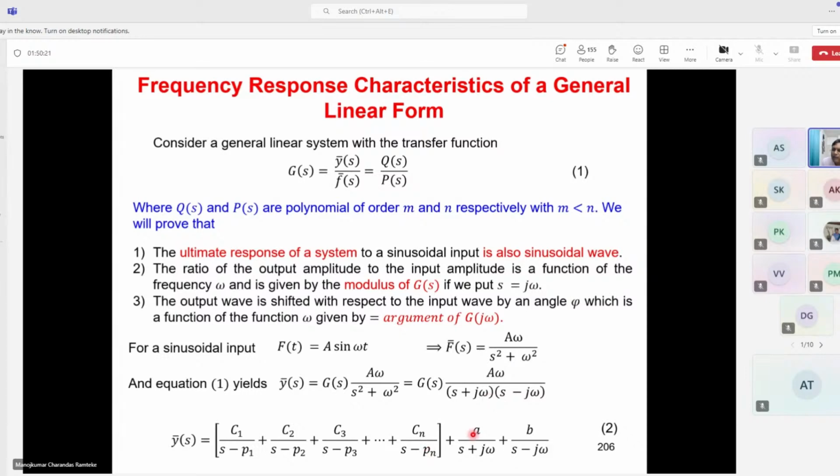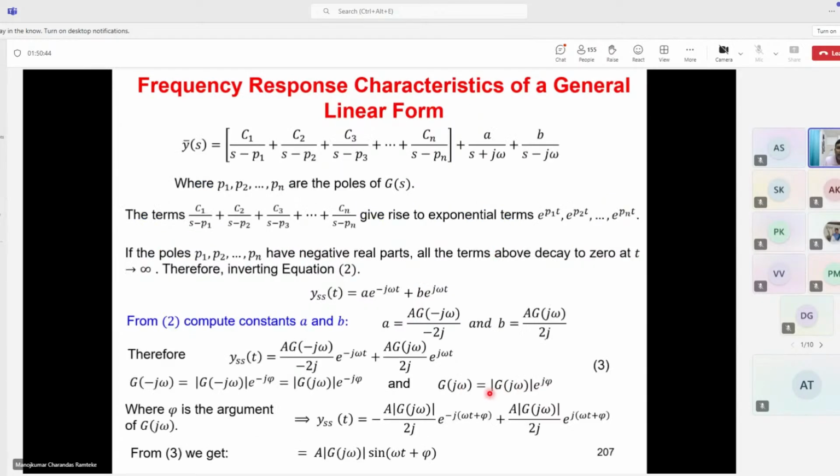So the only term remaining here will be A. All other terms will be multiplied by s plus j omega, and therefore all the remaining terms are going to become zero, except A. So A will be given by G of minus j omega into A omega divided by, again this s will be replaced by minus j omega, into minus j omega. So that becomes minus 2j omega. So that's what we are getting here.